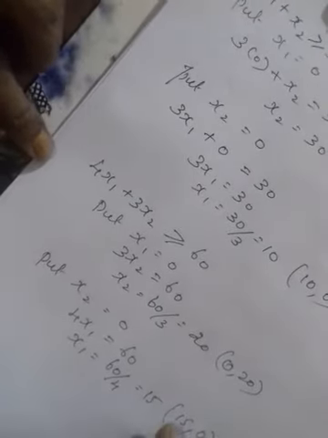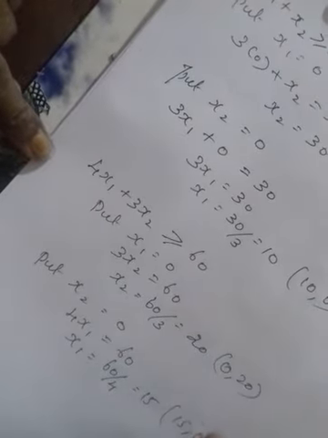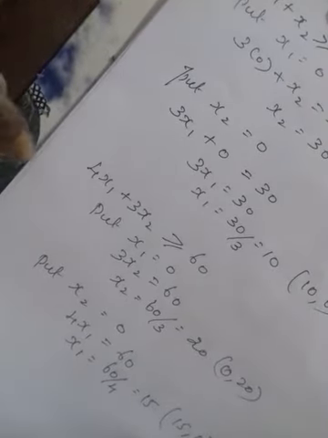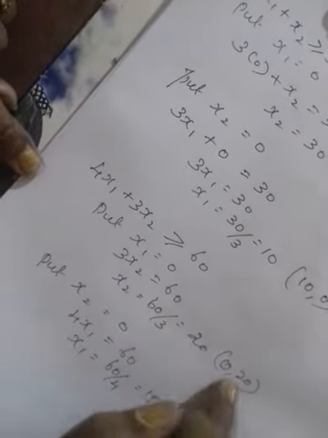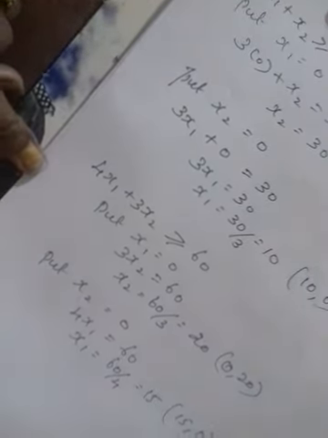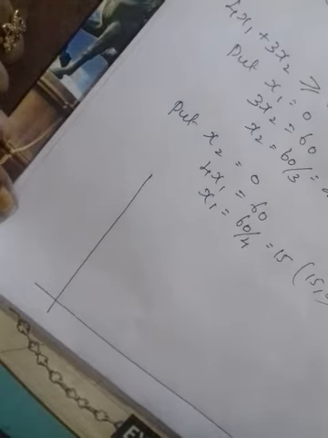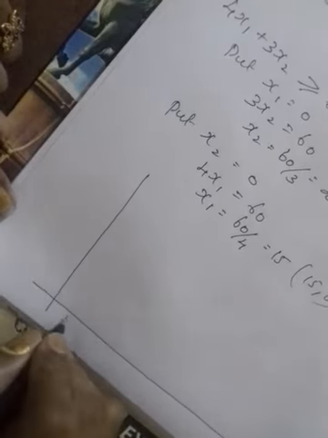Look at the coordinates: 15, 20, 10, 30, so we can take a scale of 5. I am going to take a rough diagram, using a scale of 5.